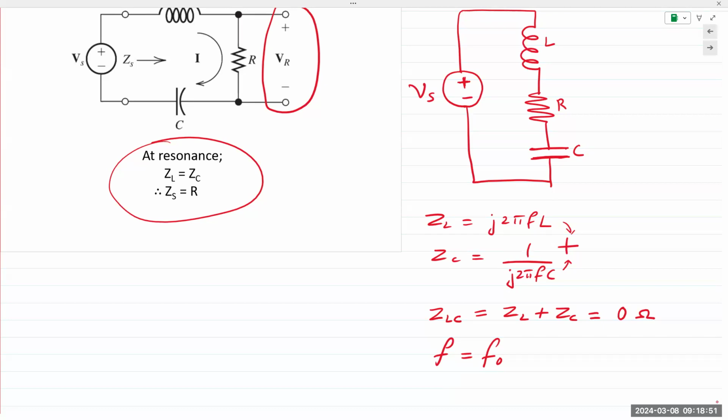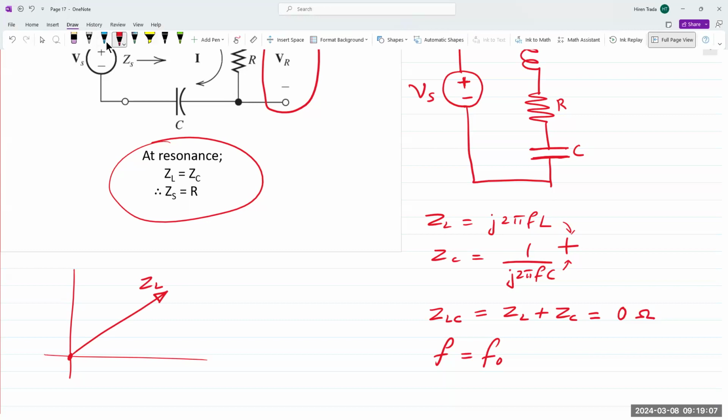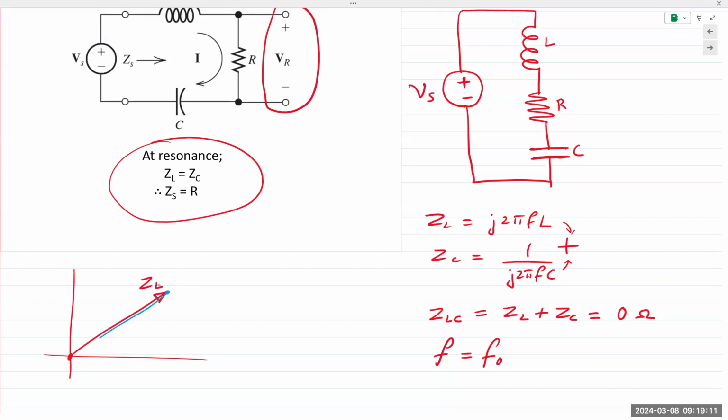So if I was to draw a phasor diagram, let's say the impedance of an inductor started at 0 and goes up to here. If this was ZL and you added ZC to it, ZC would start at this point and then return back to 0. Make sense?